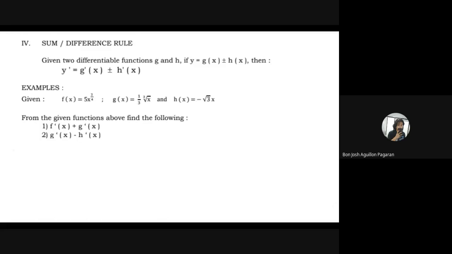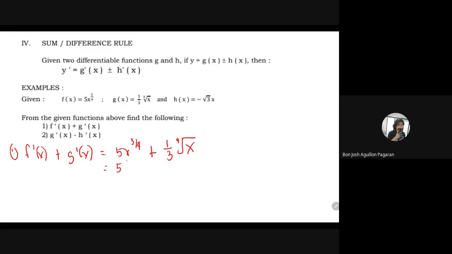Meron ba akong space dito? Wala. F prime of x plus g prime of x. Kunin natin ngayon ang f prime of x ngayon will be 5x to the power of 4 plus g prime of x ngayon ay 1/3 cube root of x. Yung isa lang solve natin ha kasi nasa module naman to. In case lang kasi baka hindi naintindihan ng module.